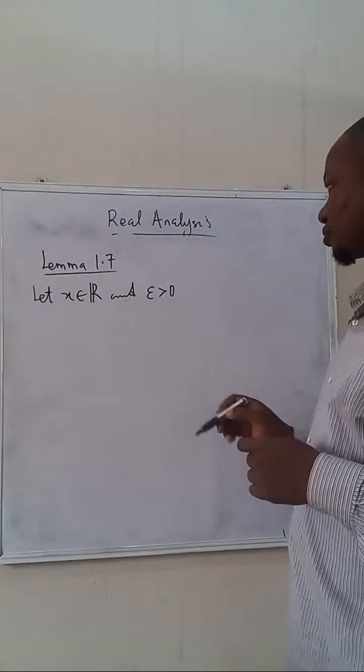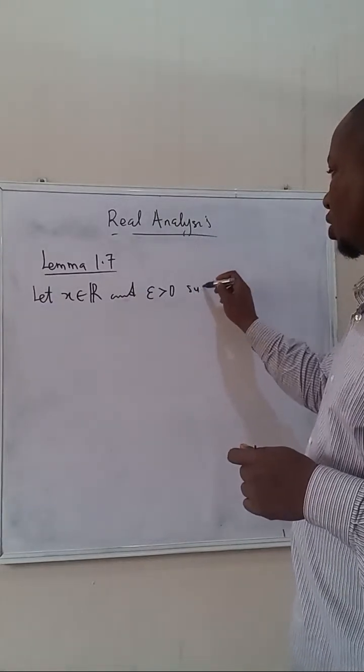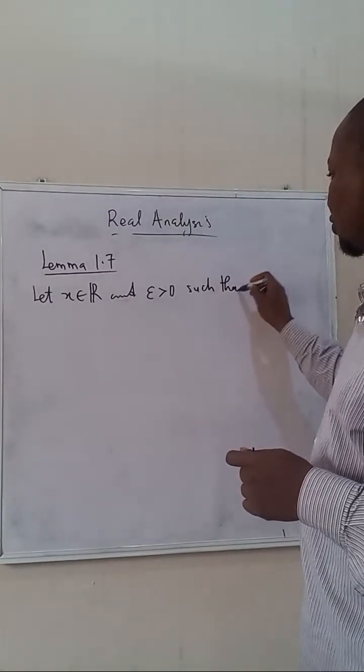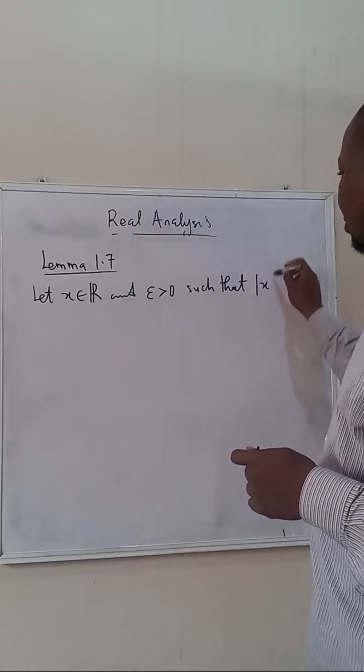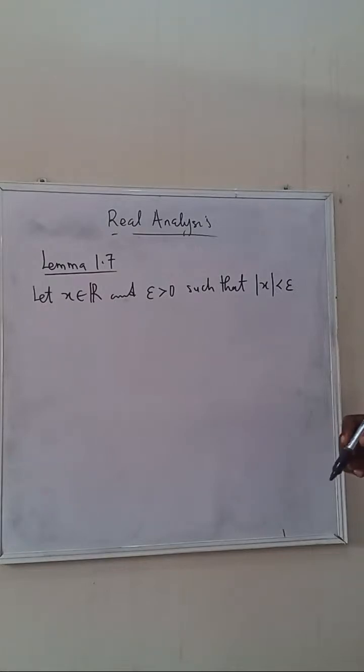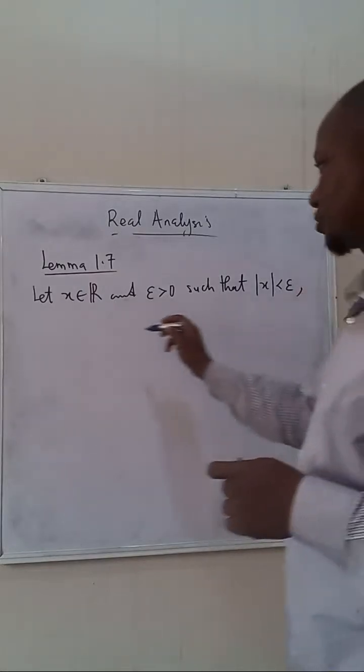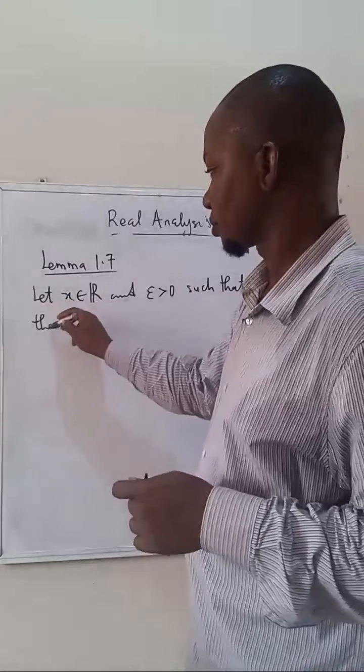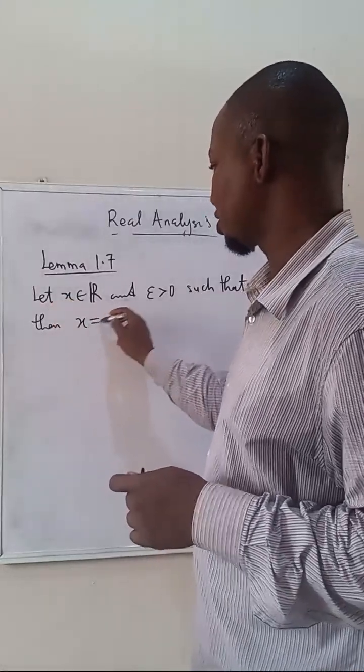If we have these two conditions and the absolute value of x is less than epsilon, then x is 0.